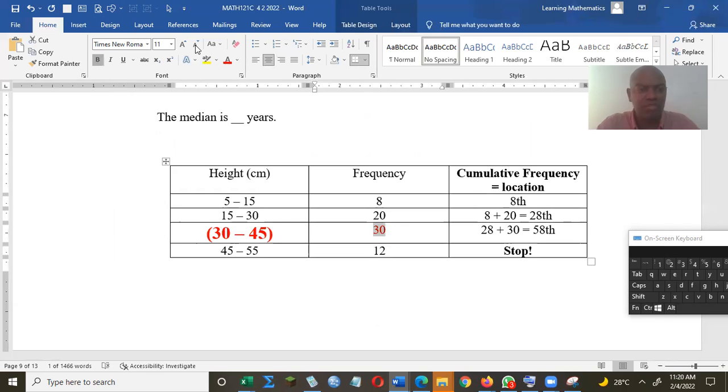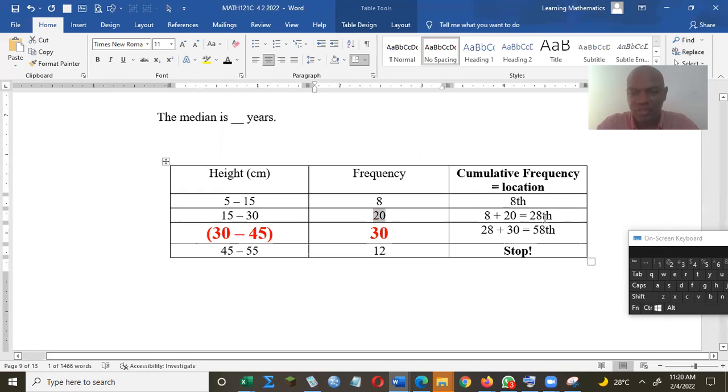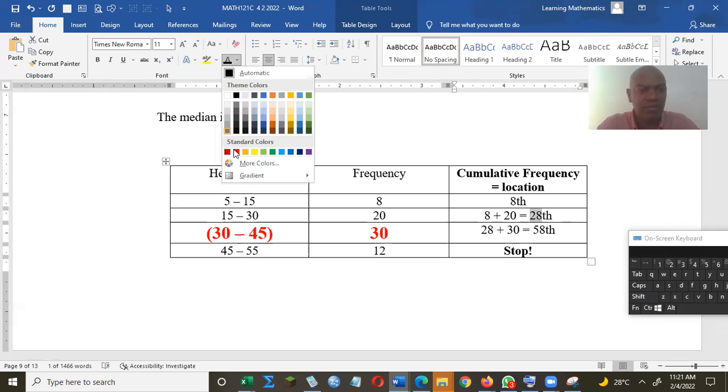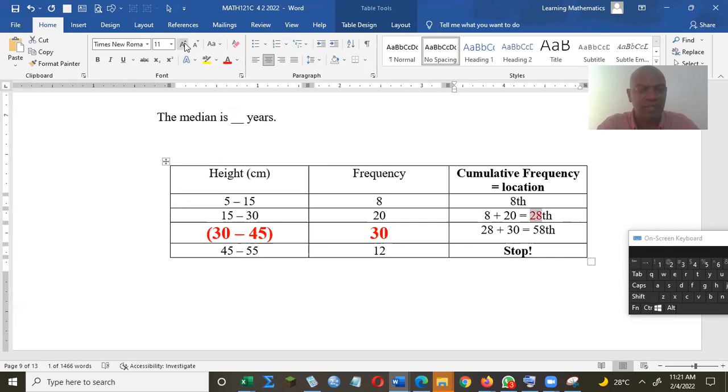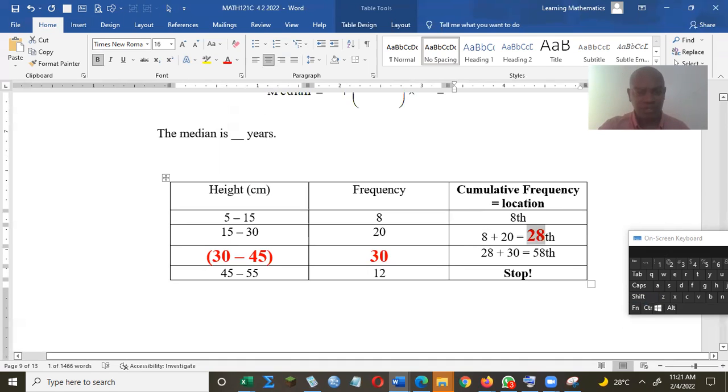Just before the median, the cumulative frequency before the median, here it is, 28. The cumulative frequency before the median is 28. So all of that will be needed in the list of formulas for median for interval. So let's go back to the list.